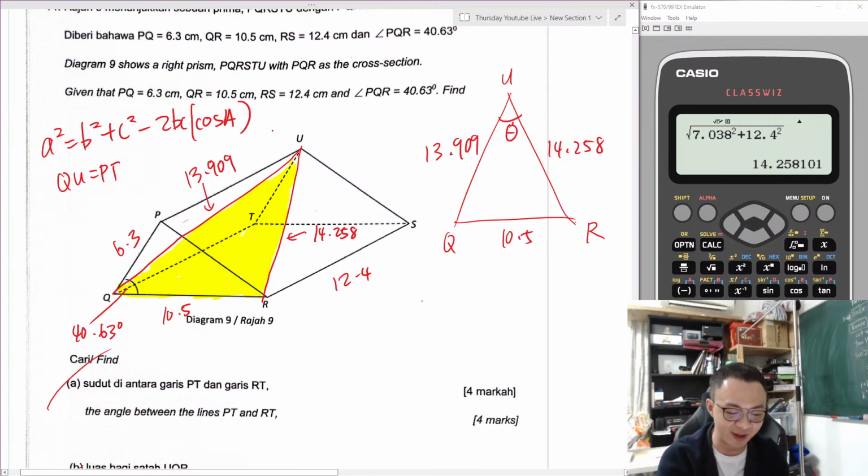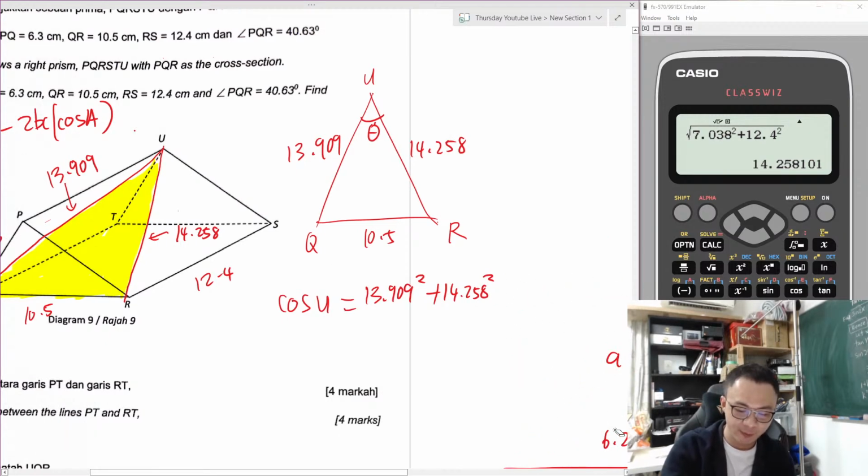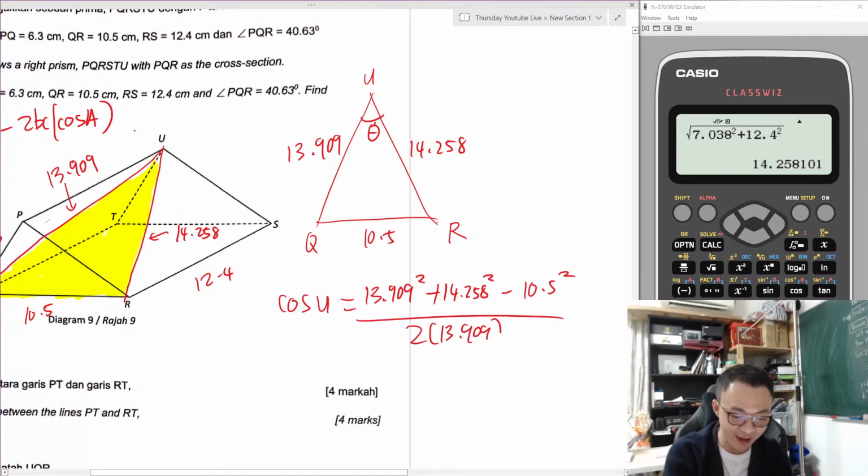So cos U, or cos theta, whichever you prefer, is 13.909 squared plus 14.258 squared, then minus the opposite length squared, 10.5 squared, over 2 times 13.909 times 14.258. Then I can find the angle U.